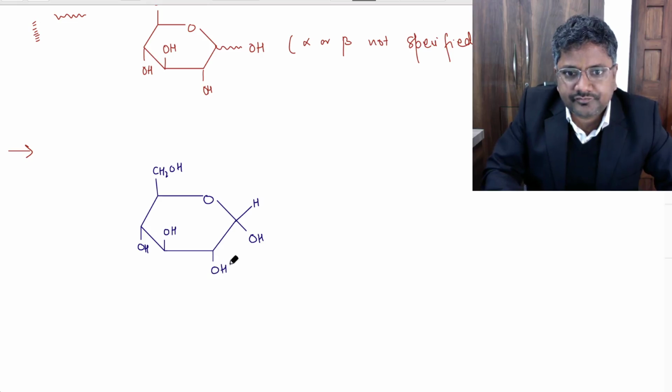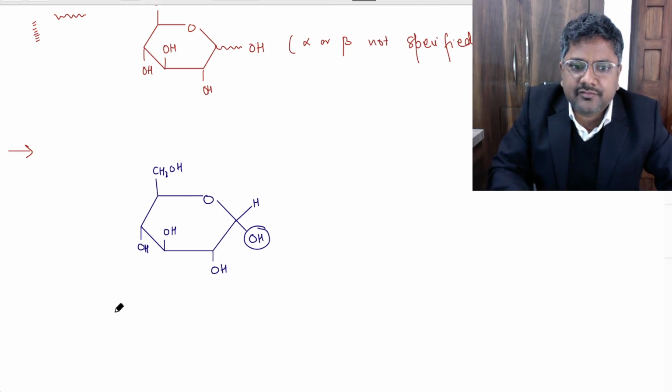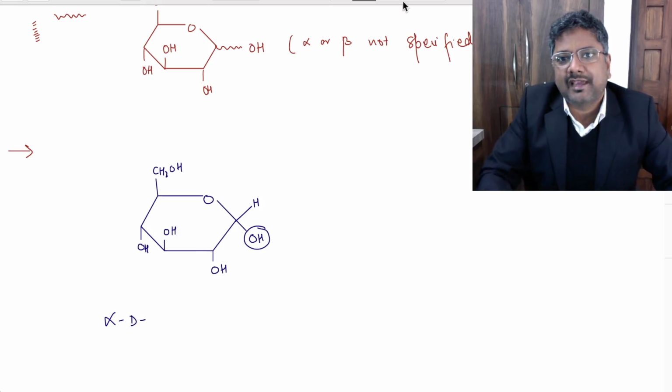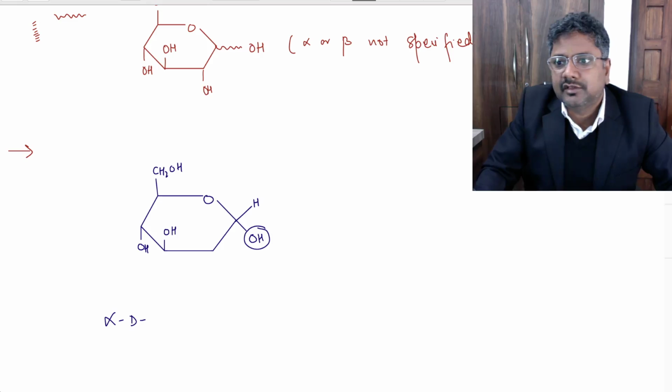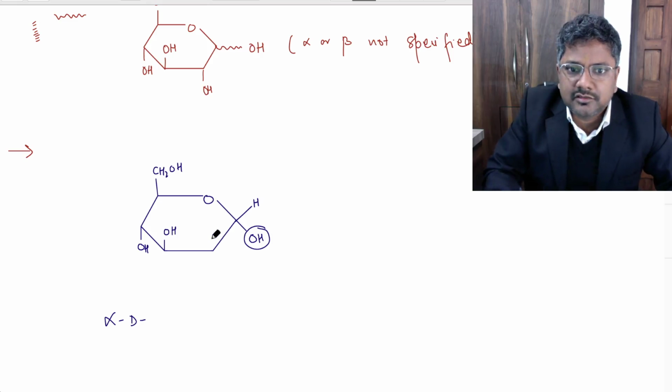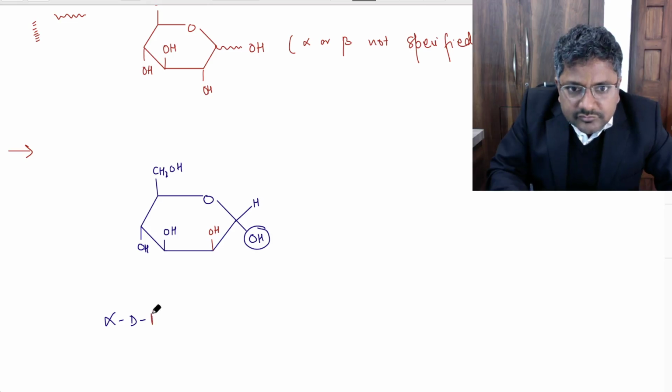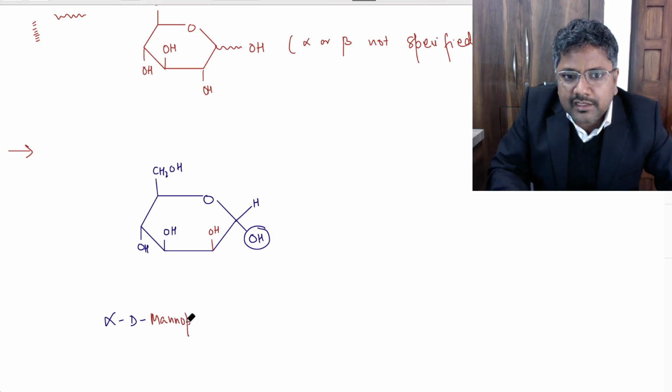This is the alpha. See this OH and CH2OH, alpha-D-glucose. But mannose is the 2-epimer of glucose. So what you have to do is change the orientation of this OH, like this. So now this is alpha-D-mannopyranose.